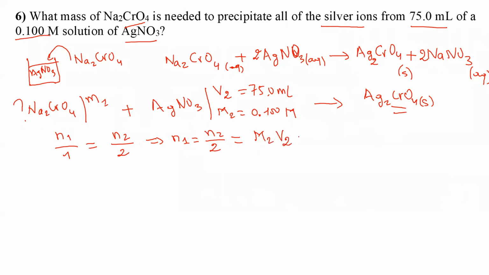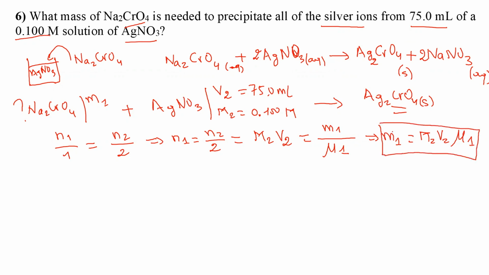It's concentration times volume, M2 V2. But how can we deduce it from the mass of sodium chromate? The number of mole will also be M1 divided by the molar mass of 1. So we can deduce the expression for M1 from M2, V2 and the molar mass of 1. So this is the expression of our mass.